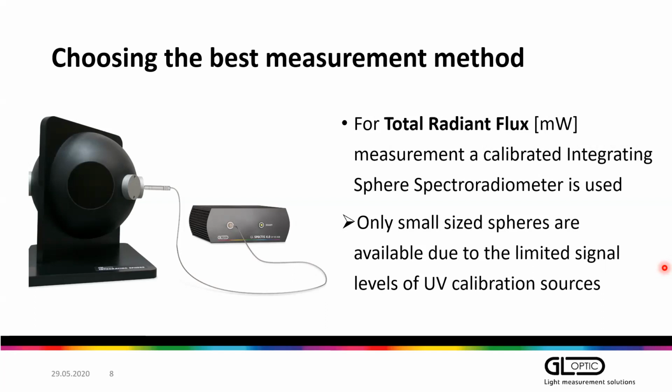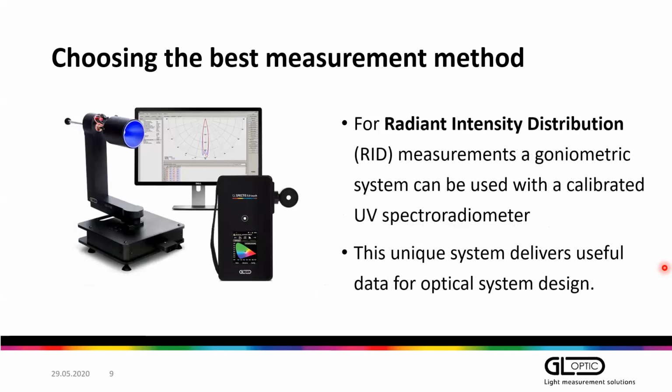Available reference lamps or calibration sources which are used for total radiant flux calibration are providing limited signal levels. Therefore, it is at the moment impossible to calibrate larger spheres for total radiant flux measurement in the UV, specifically the UVC range.